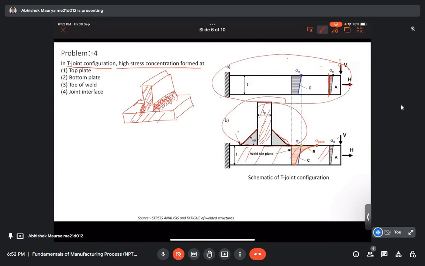So if we see, this is the cross section near the welding portion. If you recall, these corner regions are called the toe of the welded joints in the T configuration, toe of the joints.